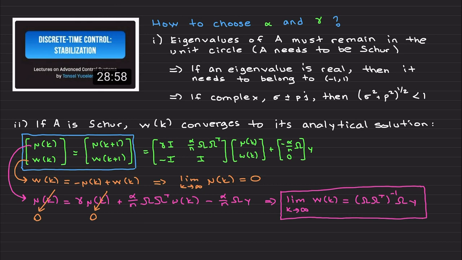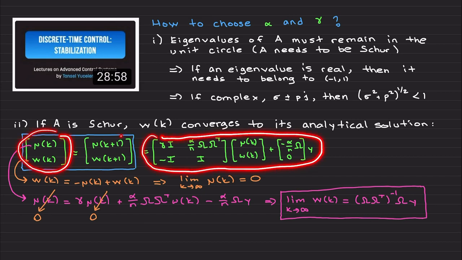Equilibrium point is the point motion stops, meaning that the next values of mu k and wk equal their previous values for all k. So once you do this, I replace this with this since motion needs to stop.